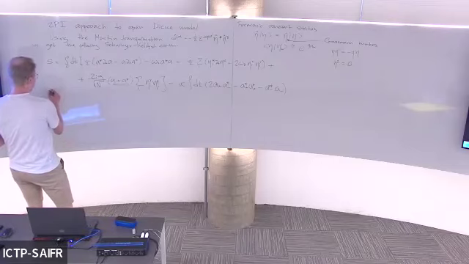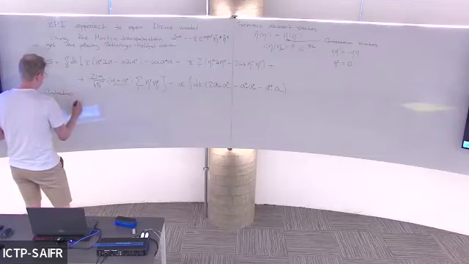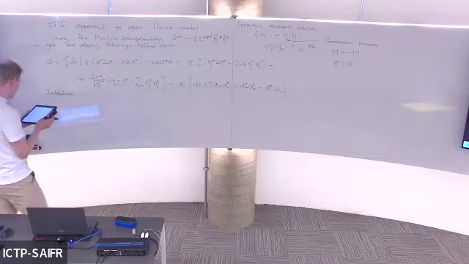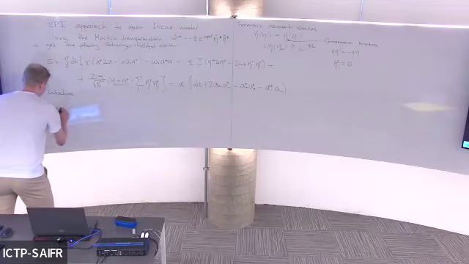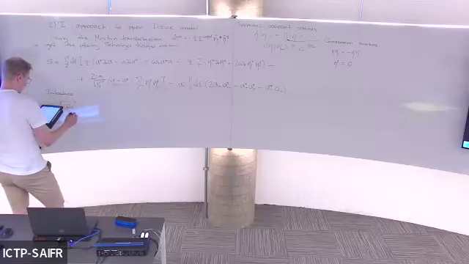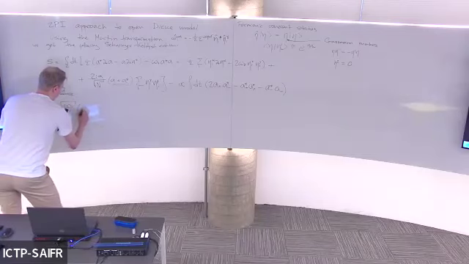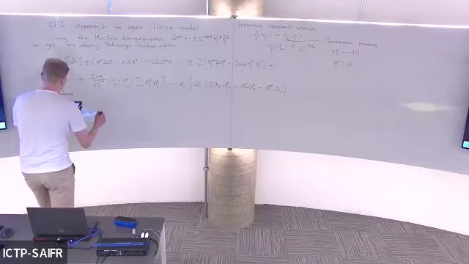Rather, it is convenient to introduce new variables. So parameterize A as follows. We have the real part, which will be this thing, plus the imaginary part.